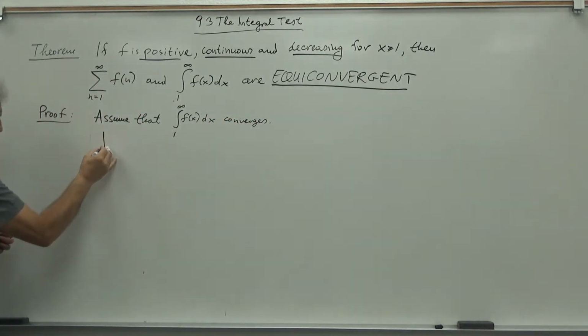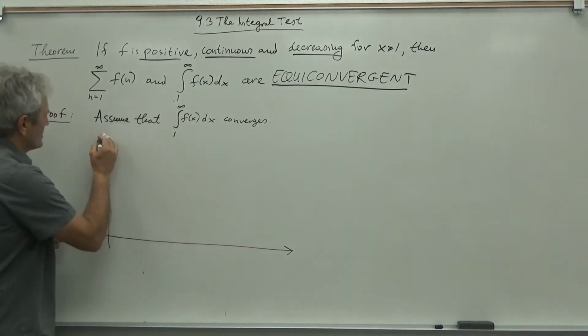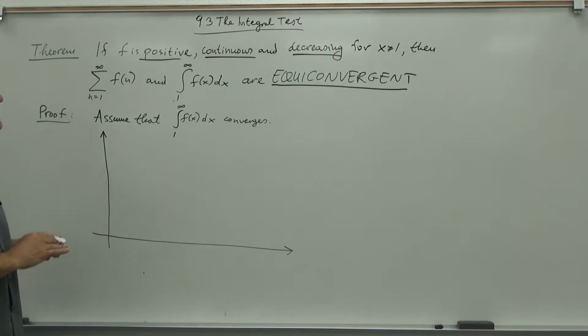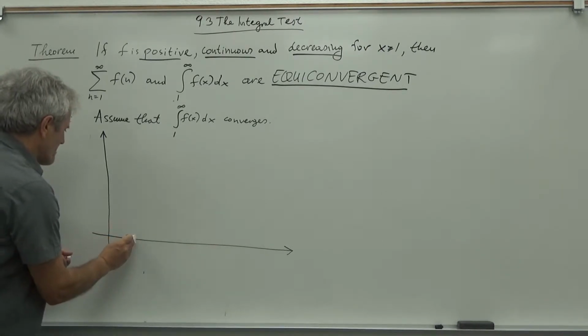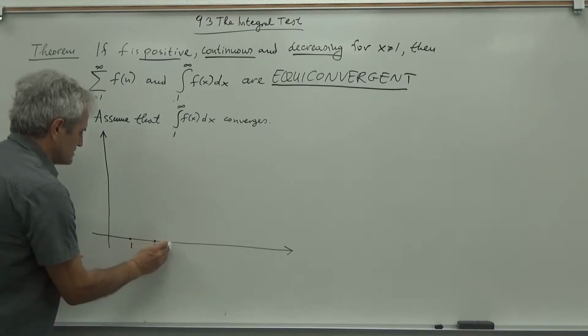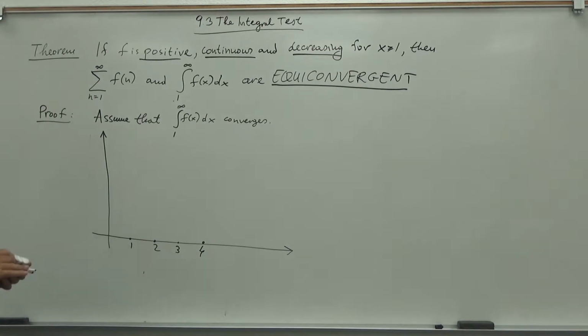Basically, what we'll do is compare our integral and the series. And how are we going to do it? So here is 1, 2, 3, 4, and so on, goes forever.